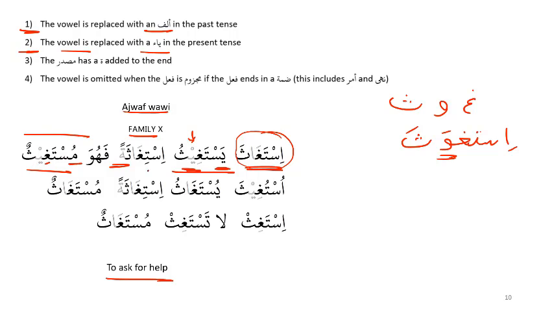We are going to focus on this because there are so many rules. As long as you remember the two most important rules that we are learning right now: with simple past tense, the middle letter or illat letter is replaced by alif, and in fail mudare, the illat or ain letter is being replaced by a ya.